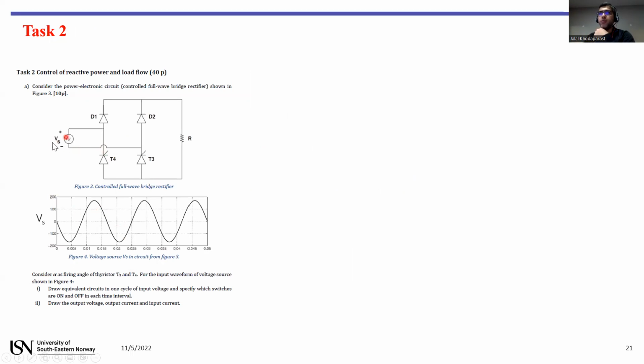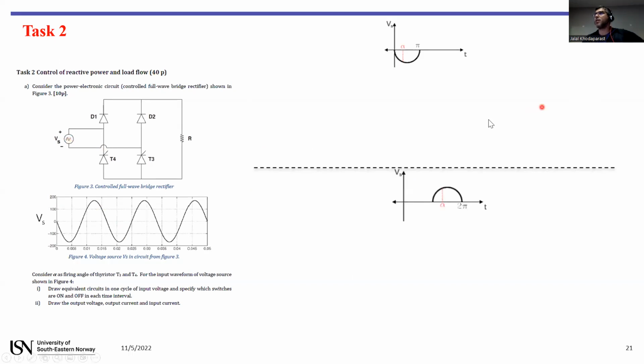And this one is the input, Vs here. Suppose that I want to evaluate the circuit just in one cycle, from here to here. One cycle consists of 2 parts, the negative side and the positive side.